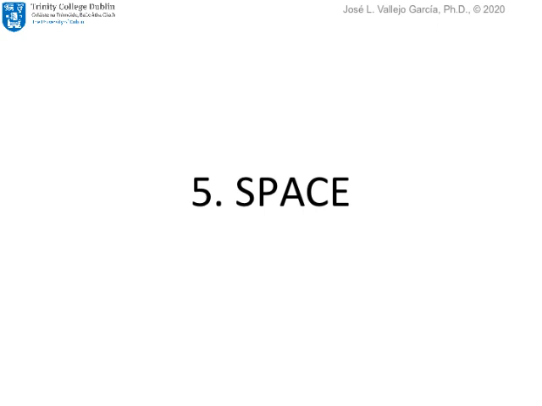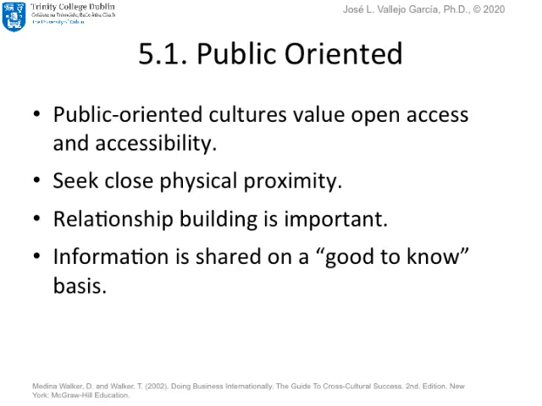Then we have the fifth dimension here, which is space. This dimension includes two types of orientation, private and public. Public-oriented cultures value open access and accessibility. They seek close physical proximity, relationship building is important, and information is shared on a good-to-know basis.